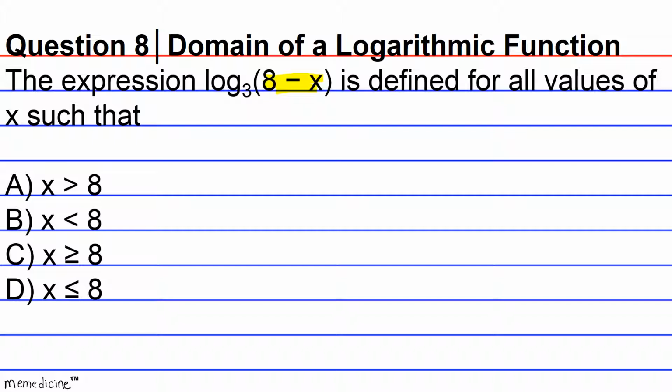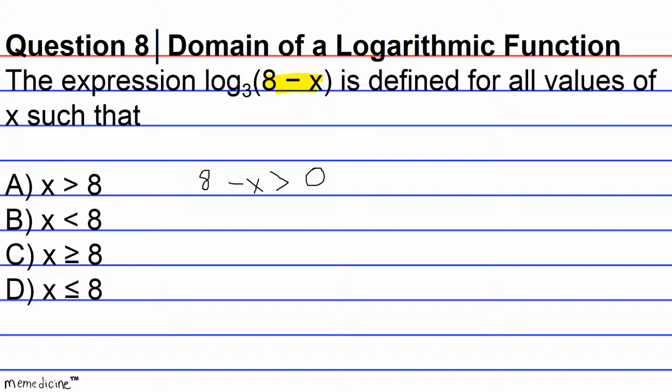In other words, 8 minus x has to be greater than 0. So let's just express that. 8 minus x has to be positive, or greater than 0, in order for it to be defined or have a real versus an imaginary value.